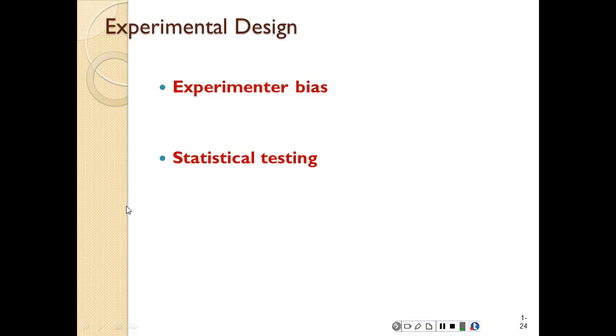So we have experimenter bias. Experimenter bias is addressed with a double-blinded type of study. When we talk about double-blinded, we're referring to the examiners or the testers. They don't know what is being given to whom.